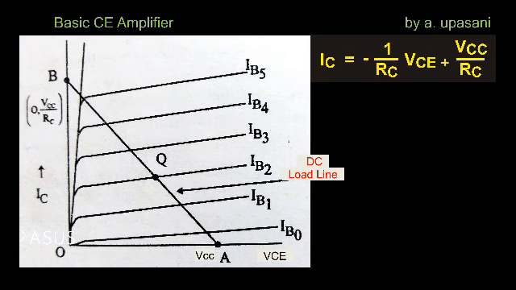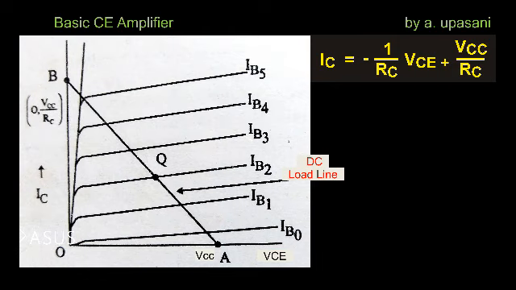Output characteristics is nothing but a graph between the collector to emitter voltage versus the collector current. The collector current is taken on the y-axis, and the collector to emitter voltage is taken on the x-axis.